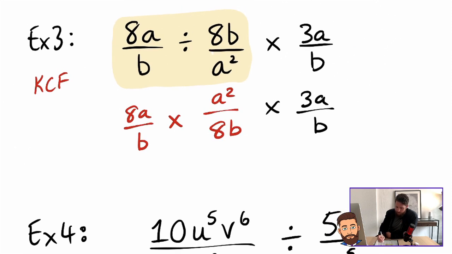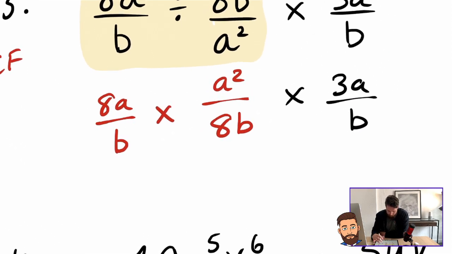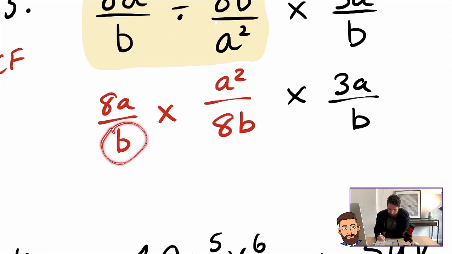Well, we've seen in previous examples that because they're all being times together, we can just run across, look at all of our diagonals, and see if there's any opportunity for cross-cancelling to make our life easier. So, I've got a b down here, and I've got an a squared here, and a 3a here. There is absolutely no opportunity for us to cross-cancel.